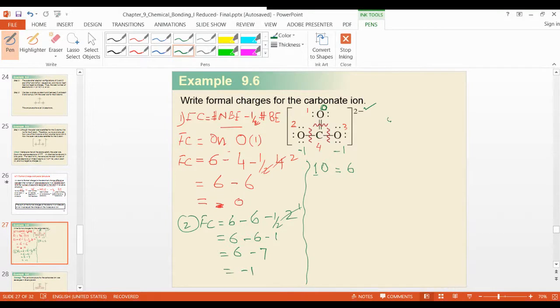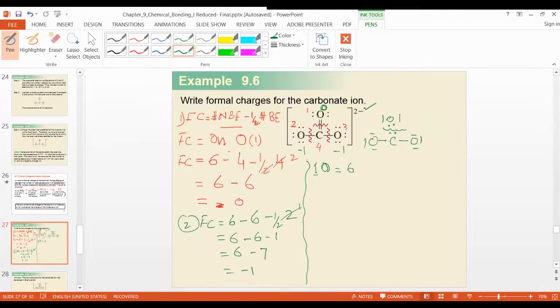I can write like this here. After the breaking down, these 2 electrons are included to the oxygen. Okay, so now I'm talking about oxygen number 1.